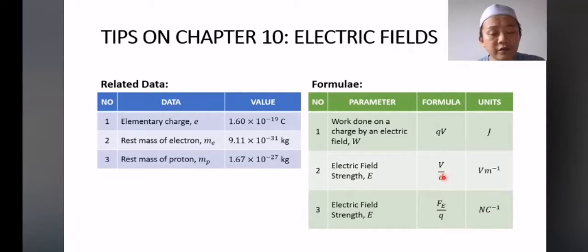So it's V over d or Fe over Q, where Fe is the electric force. That's it, no problem. Simple. But the formulas from previous chapters you must understand, like I said in the previous video: potential energy, kinetic energy, the equations of motion, Newton's motion, s equals ut plus half at squared, v squared equals u squared plus 2as and so on. You need to know all of those too.